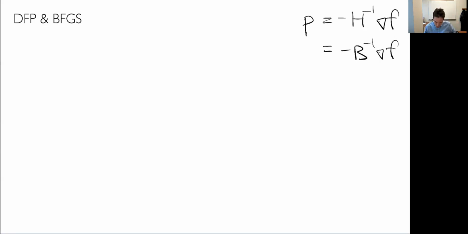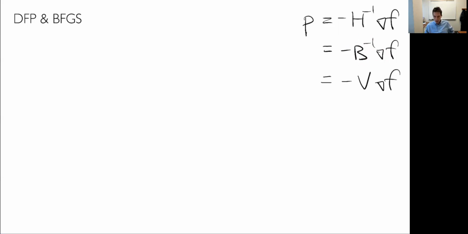Their insight was this: we're creating an estimate for the Hessian and then solving a linear system of equations. Why not just estimate the inverse of the Hessian directly? Then we don't have to solve a linear system. Sorry, we have to create another symbol here, so we'll call it V. V is the inverse of the Hessian, or really our approximation of the inverse of the Hessian.